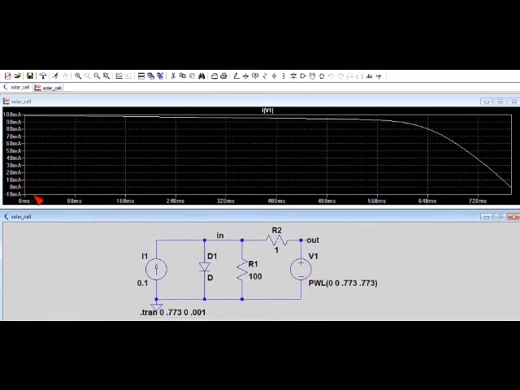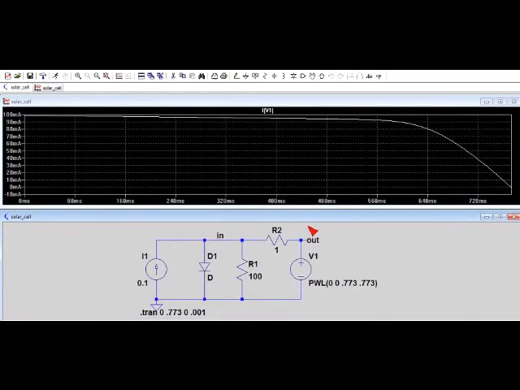Now this horizontal axis is a measure of voltage across the terminals of the solar cell. And here we have 720 millivolts or 0.72 volts. Here we have 400 millivolts or 0.4 volts.